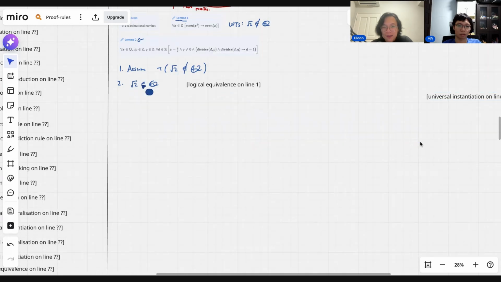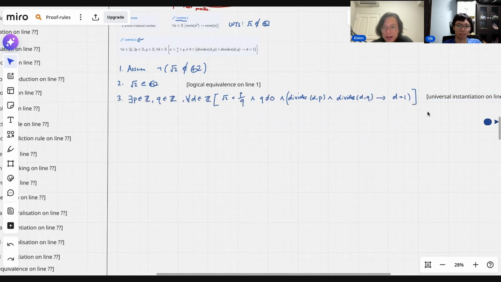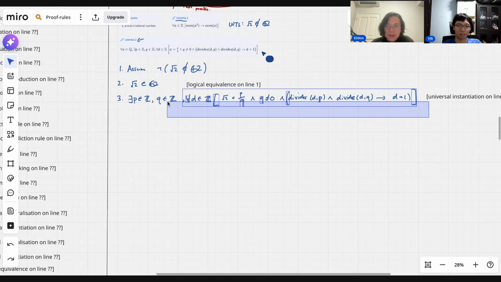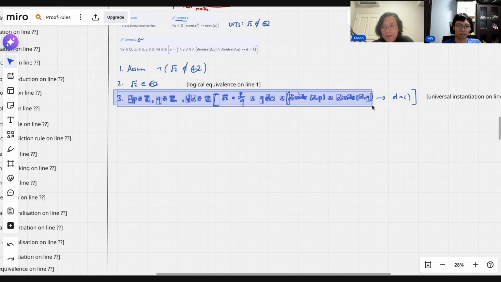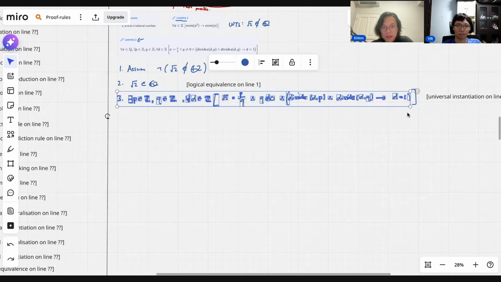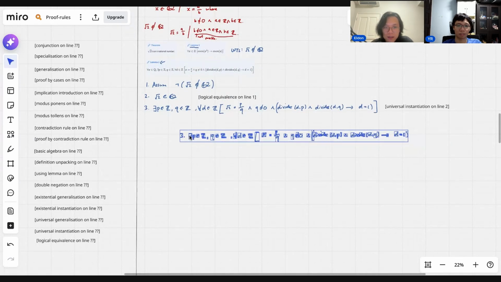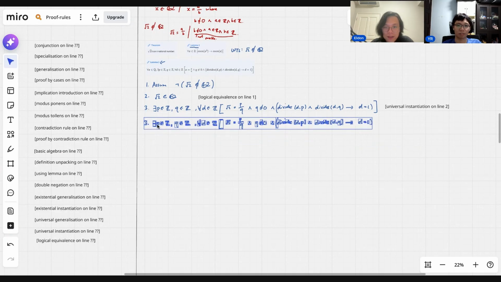To be very safe, I'm going to actually do things step by step here. So I'm gonna copy this and move it down 1. In other words, I caught myself skipping a step.